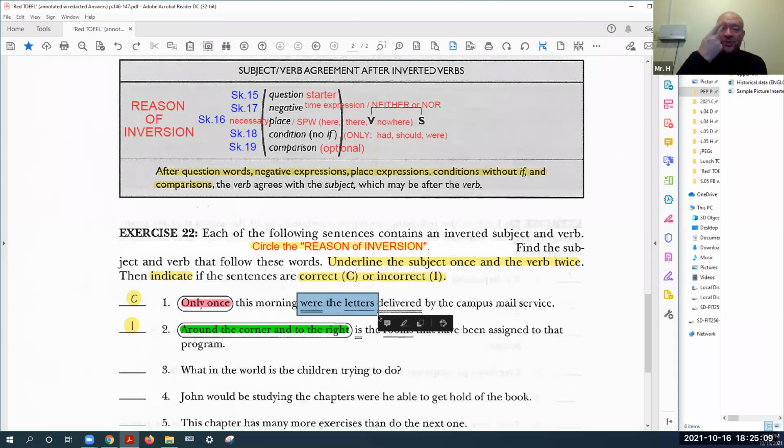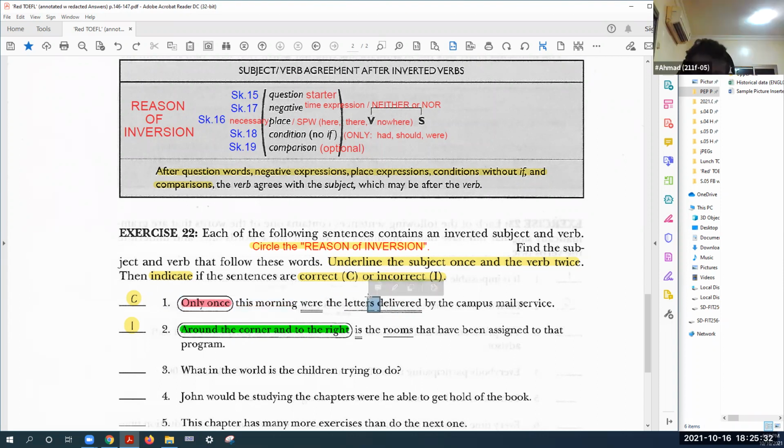Why did we switch it like that? In this case, we must. It's a negative time expression at the beginning, so you must invert. Now, what's the key idea here? Look at the subject. Singular or plural? The subject is plural and the verb also plural.